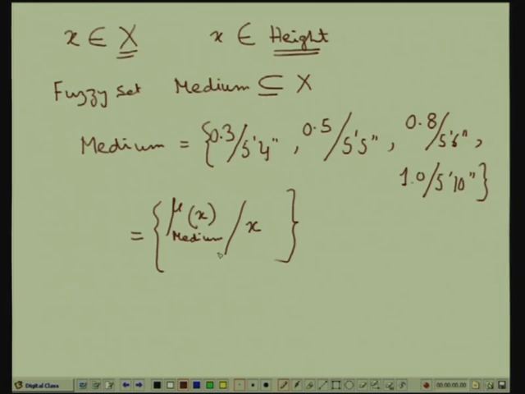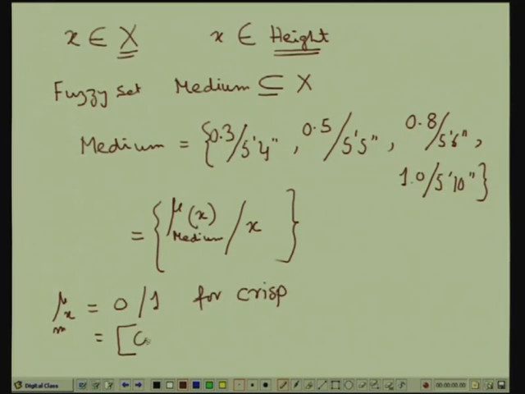Just as in the case of a crisp set, this mu of x would be either 0 or 1, but for a fuzzy set it will be in the interval 0 to 1. It can be 0, 1 or any number in between.